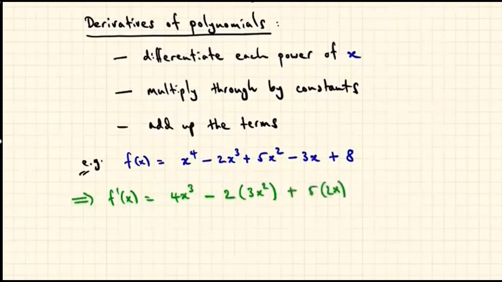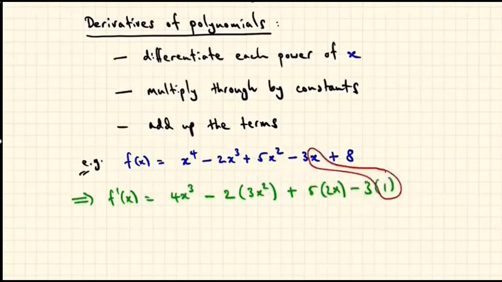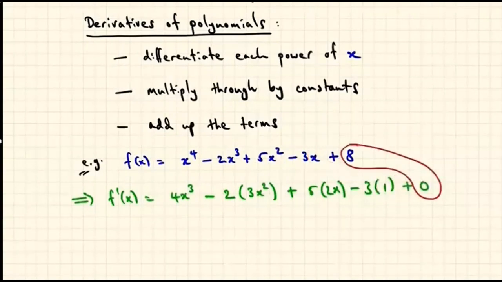Then we differentiate x squared, we get 2x. That is multiplied by the constant in front, 5. Then we differentiate x, we get 1 times the minus 3 in front. And then finally, when we differentiate 8, we get 0. And we simplify.